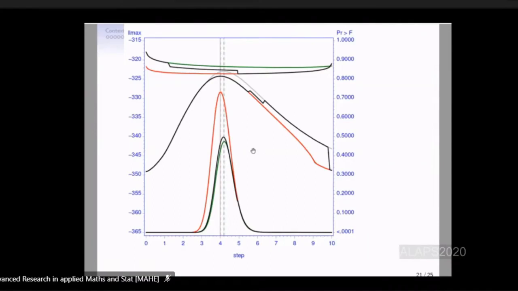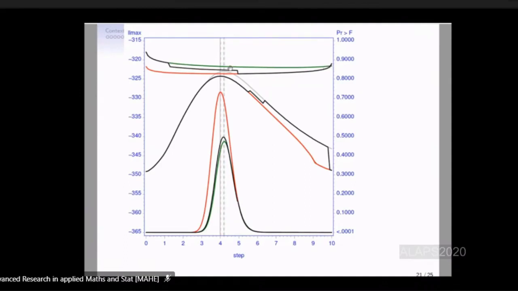Now the p-values, again: the green p-value, this one, comes from the green likelihood up here for the full model, and the red from the red, and the black from the black. You can see it looks like the green, the forward, is above the other two, except right here at the end.